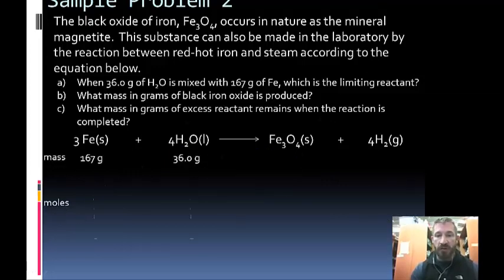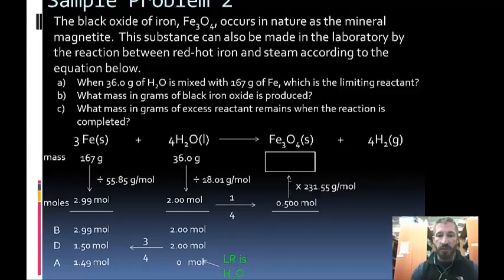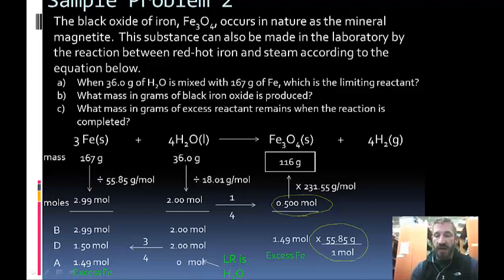I'm just going to go quickly through these and place all these in here again, and what I want to show you is the last one. In this last one, I used this 0.5 and multiplied that by the molar mass, and from this we can get the mass of the iron oxide compound that's produced. Then we take 1.49 and multiply that by the molar mass, which is 55.85, and this would give us the grams of iron.